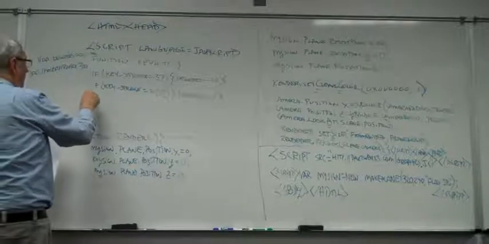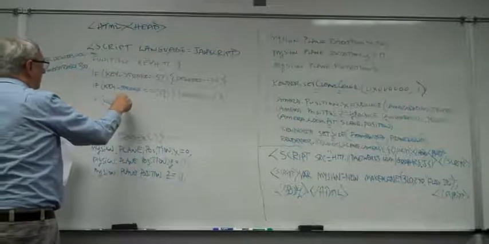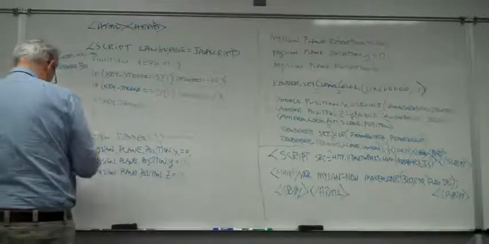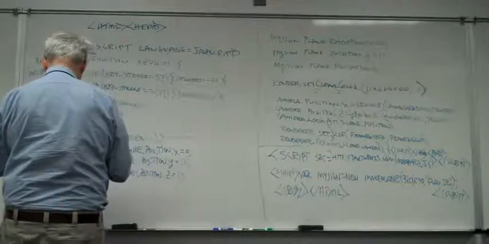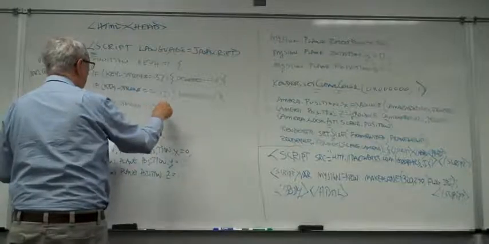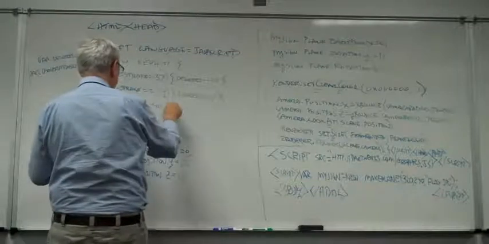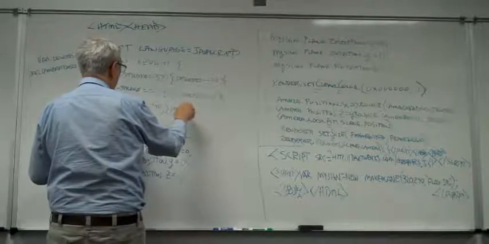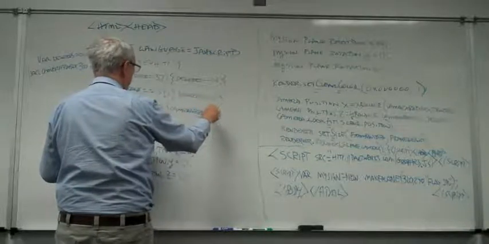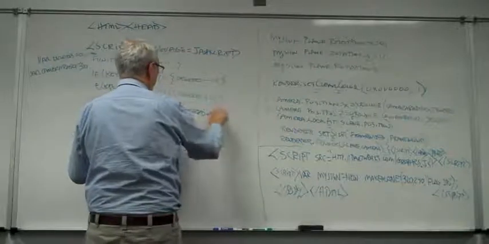Then you say if keystroke equals 40, then camera radius is changed, plus equals 1.